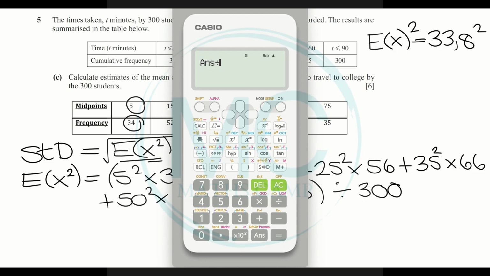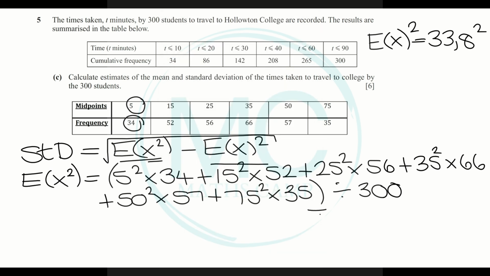Let's divide this by 300 and I get 1559,25. I'm going to write this over here. 1559,25.